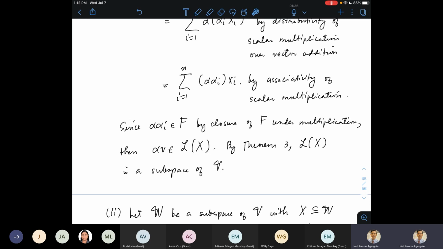Is the proof clear? So I hope by now you'll be able to write your own proof using theorem 3. Okay, that's fine. All right.